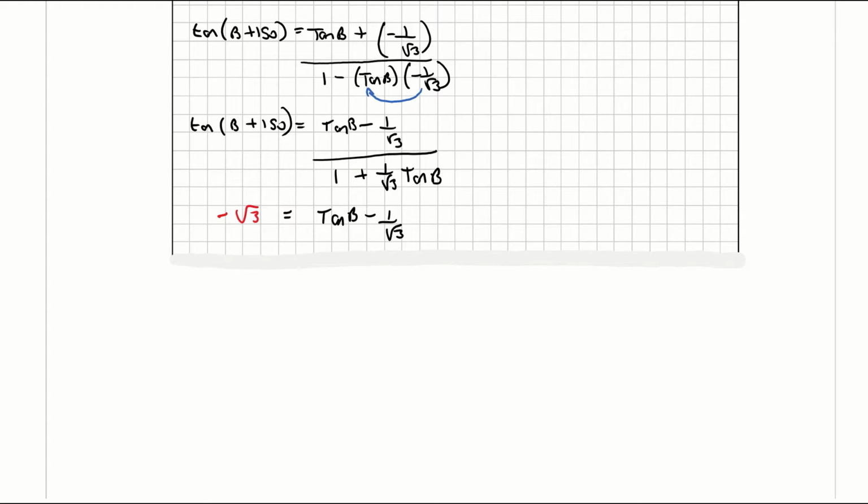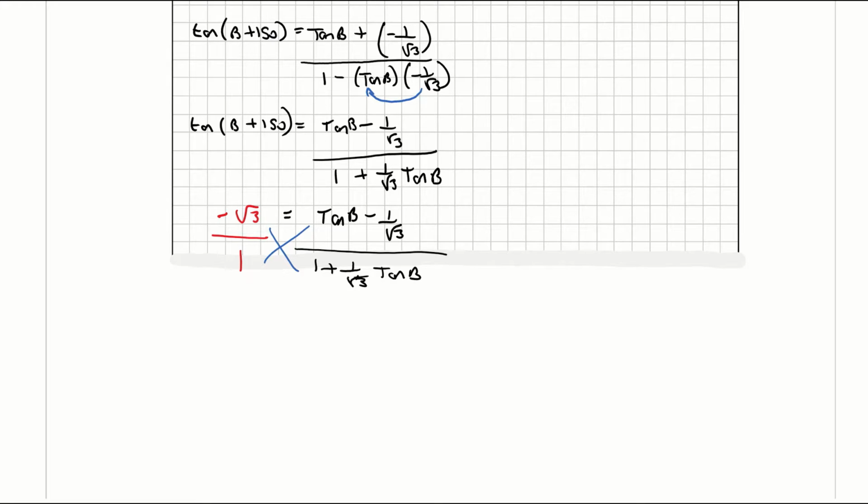Tan B minus 1 over root 3 all over 1 plus 1 over root 3 times tan B. And I'm going to put the minus root 3 over 1, and then I'm going to cross multiply here. So fraction equals fraction, so common denominator basically. So it gets a little bit complicated there now.